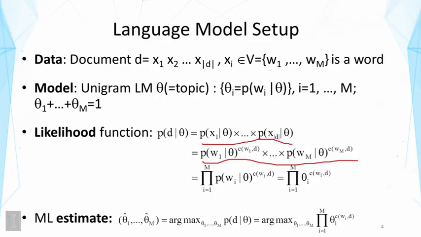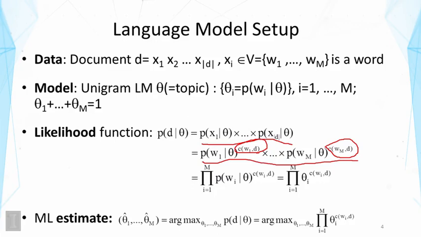Now when we do this transformation, we then would need to introduce a count function here. This denotes the count of word 1 in the document. And similarly, this is the count of word sub m in the document, because these words might have repeated occurrences. You can also see if a word did not occur in the document, it would have a 0 count, and therefore that corresponding term would disappear.